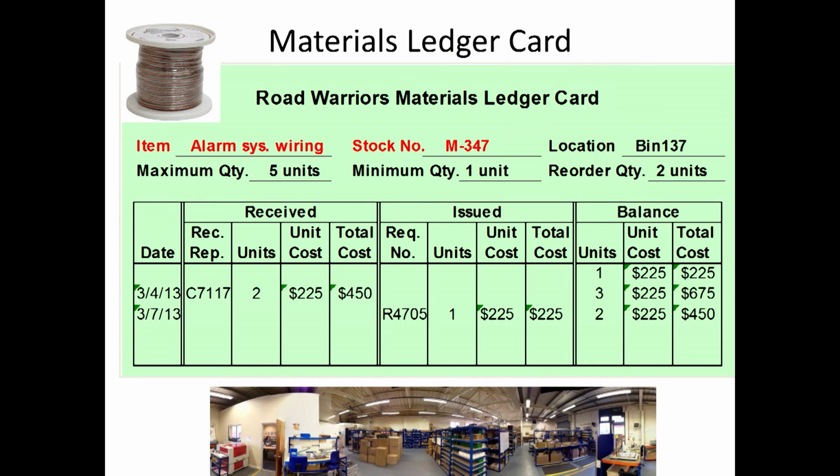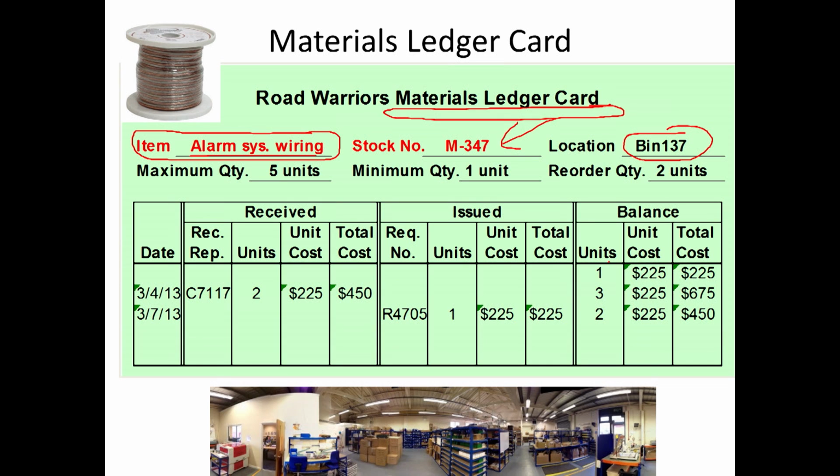Now, before we move on, note that for every material that they keep to do this work, they have what is called a materials ledger card. This is that M347, and this is where it's located, okay? This helps them keep track of how much alarm system wiring they have.